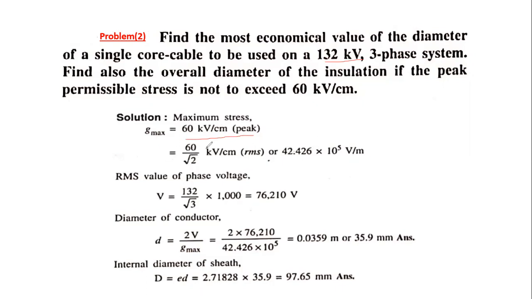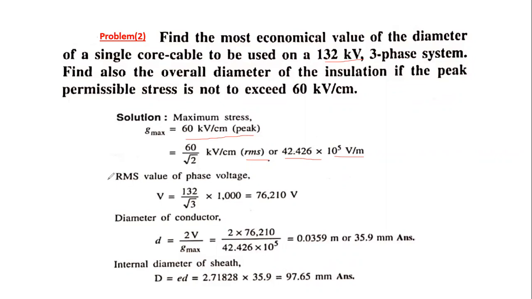Therefore Gmax is equal to 60 by root 2 kilovolts per centimeter in RMS. That is equal to 42.426 into 10 power 5 volts per meter.